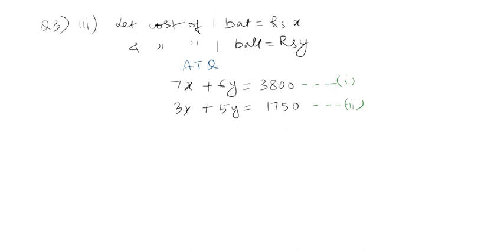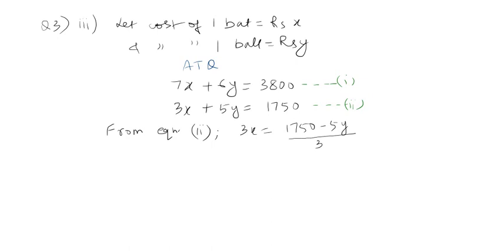Because this is a pure substitution based question, I'll take the value of x from the second equation. I can take it from the first also, there is no problem. From the second equation, what do we get? 3x is equal to 1750 minus 5y, so x is equal to (1750 minus 5y) divided by 3.